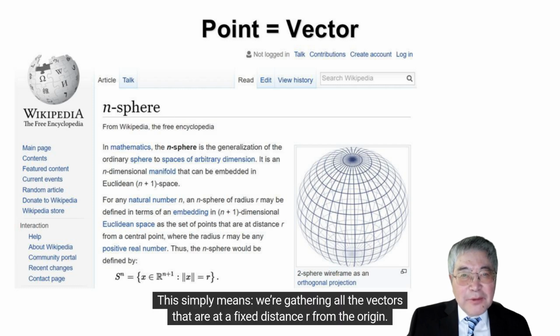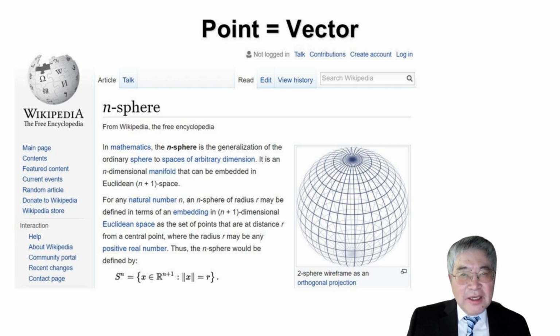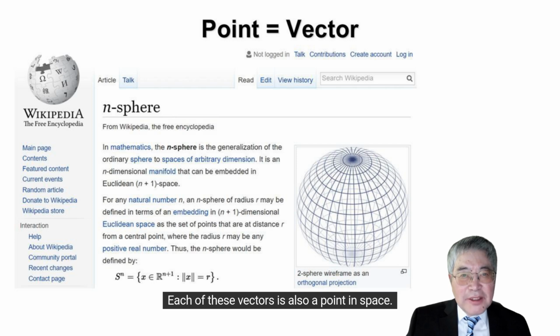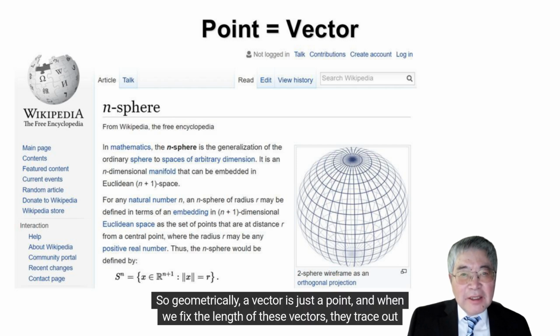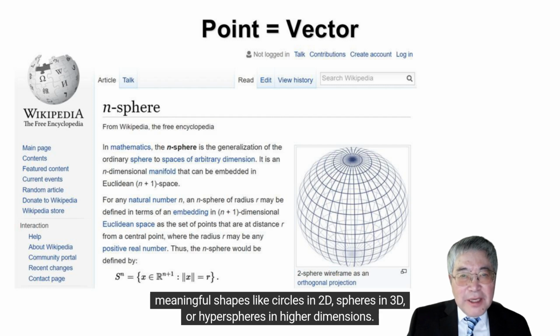This simply means we're gathering all the vectors that are at a fixed distance r from the origin. Each of these vectors is also a point in space. They all have the same magnitude, but different directions. So geometrically, a vector is just a point, and when we fix the length of these vectors, they trace out meaningful shapes like circles in 2D, spheres in 3D, or hyperspheres in higher dimensions.